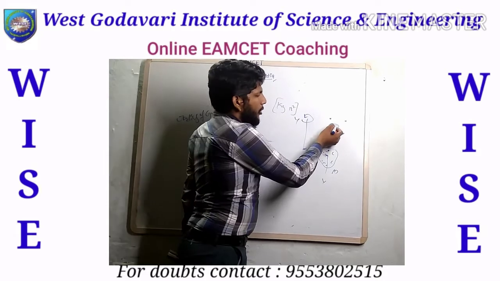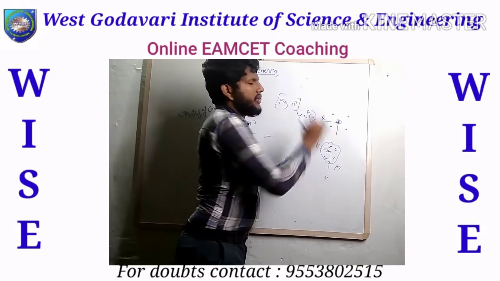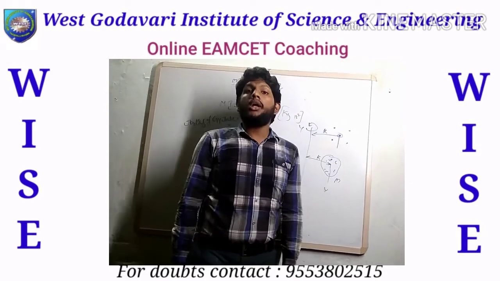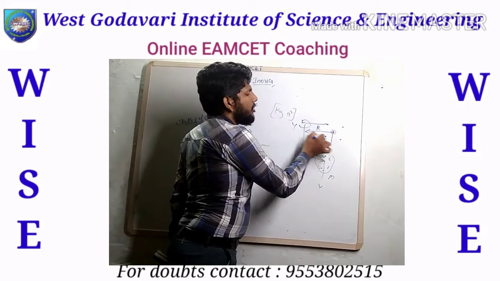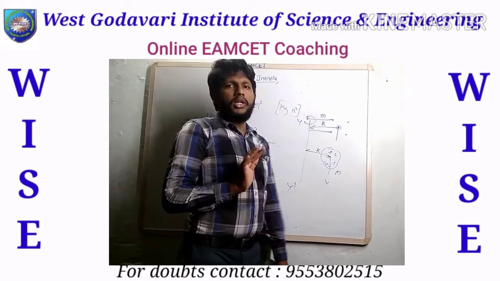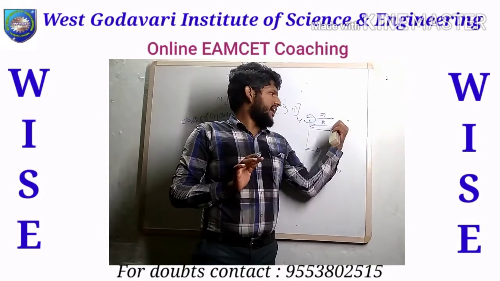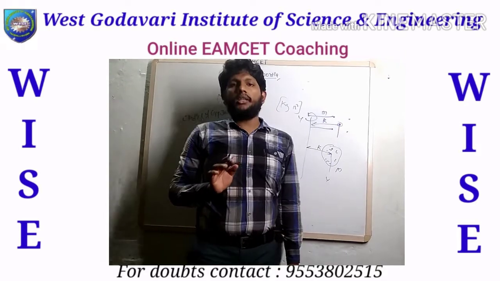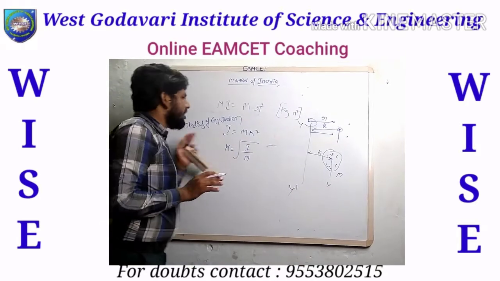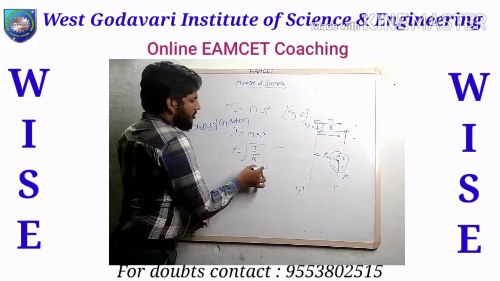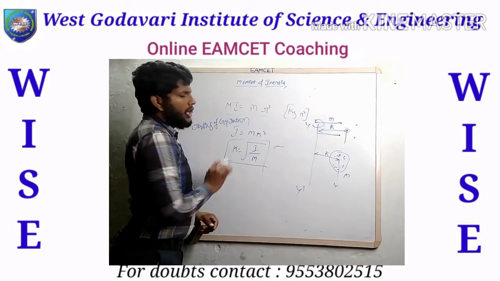So from the midpoint to the axis, that is known as k, that is the radius of gyration. Not from all of them, that is simply their radius r, but the center of mass, that is k. This is the difference between the radius and the radius of gyration. Okay, you can find this radius of gyration like this.